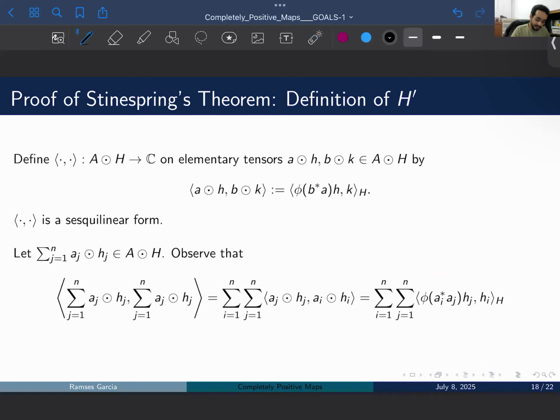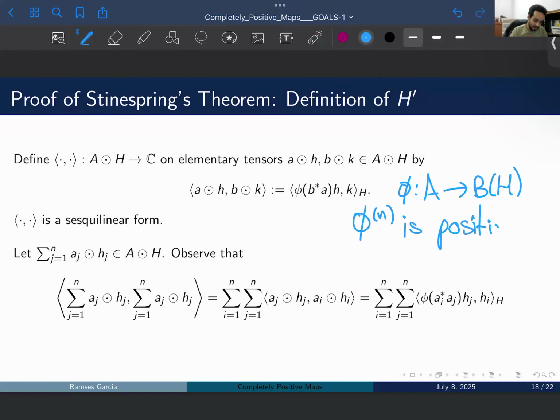But our hypothesis is that phi is completely positive. So this implies that phi n is positive for every n, in particular for the n associated to our vector. And we want to use our hypothesis, and this looks like a matrix. At least there is a matrix behind this expression.